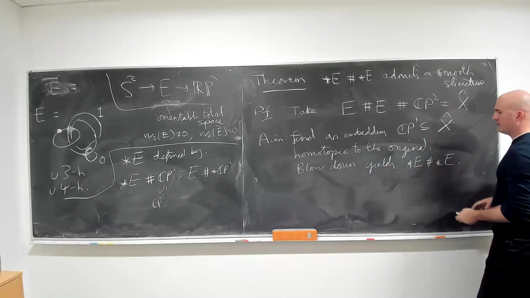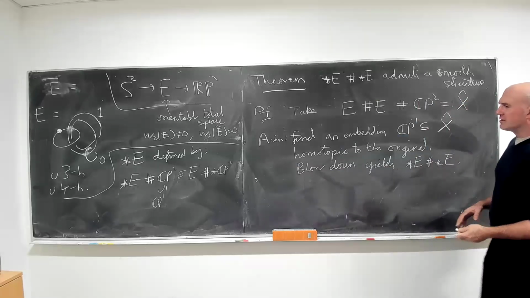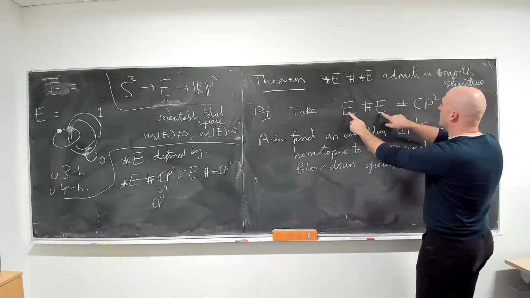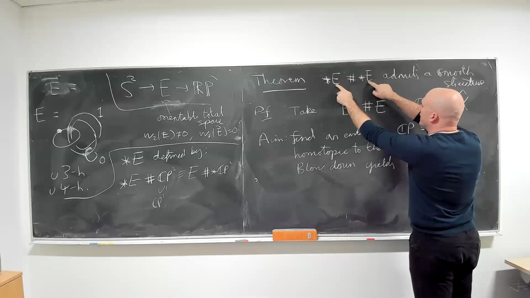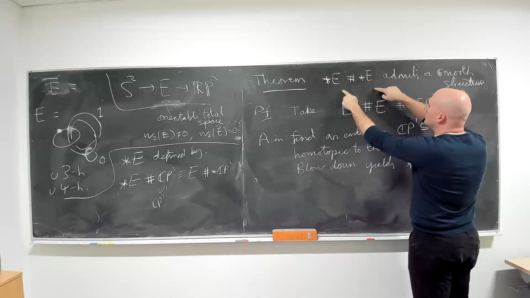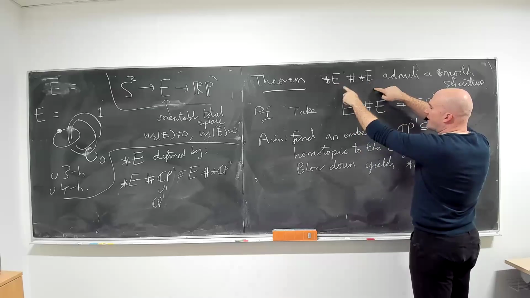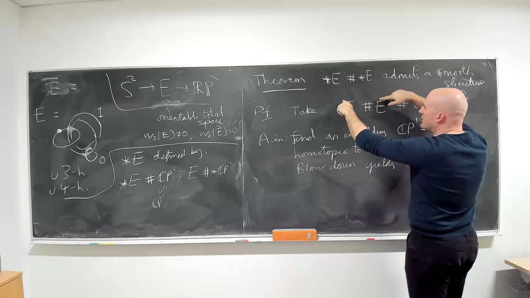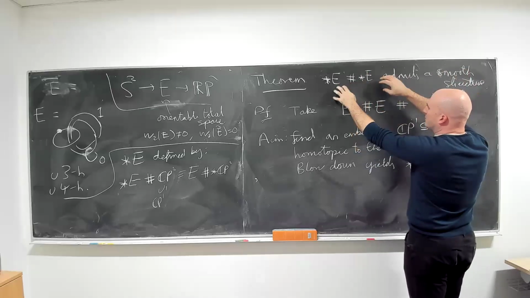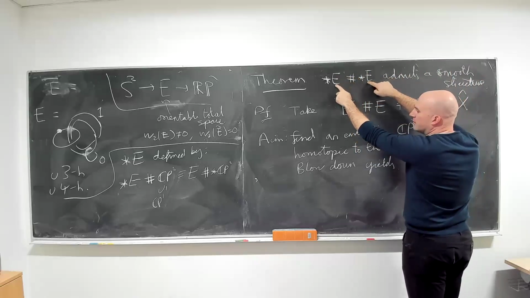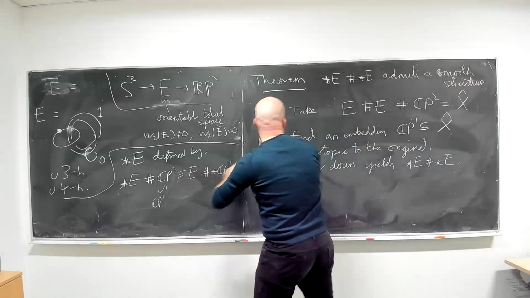So if you think about it, if you start with E connect sum E and you want to get onto here, you have to add on 2 star CP2s and then do some maneuvers to each of them and then blow down and get 2 CP2s and blow them down and you get this one. I'm just saying do this procedure over here twice.